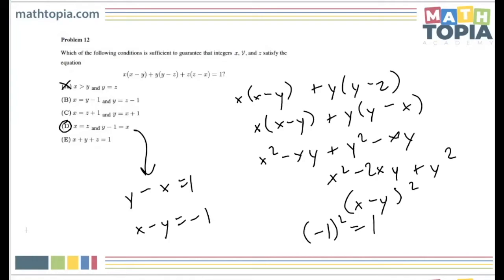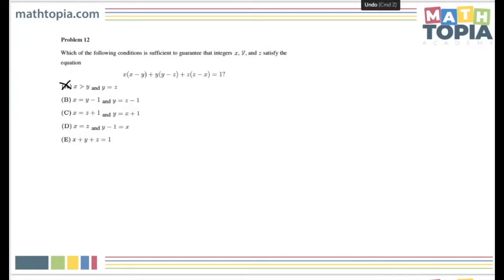We can go through the other ones, right? It's not too hard to see the other ones don't work, though. For example, for B, we could try x is 0, y is 1, and z is 2.